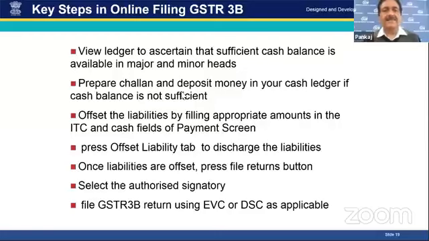So once you offset the liabilities by filling up the appropriate amount in the relevant columns, and when you're satisfied, you can press the offset liability tab, and your liabilities will be discharged. And once the liabilities are offset, you will have to press the file return menu. For filing the return, you have to select the authorized signatory, and using DSC or EVC, you will be able to file the GSTR 3B return.